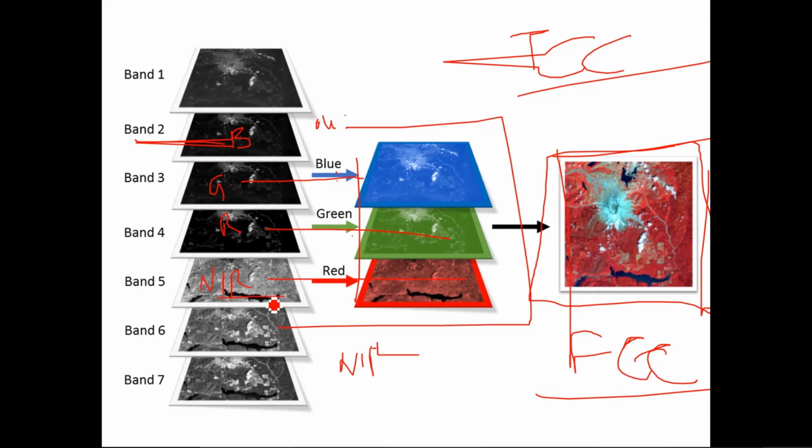So if I assign red to the NIR band, the different intensities of red can be used to separate different types of vegetation, isn't it? Do you agree? Yes, because in NIR, the reflectance for vegetation varies largely for different plantations. So if I assign NIR a color of red, the different intensities of red represent different vegetation.